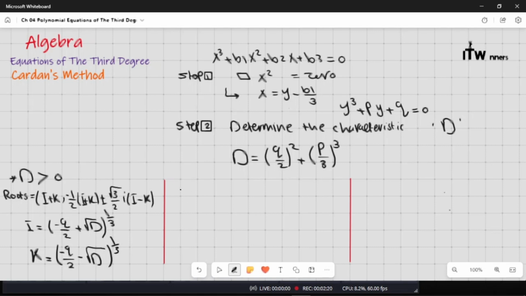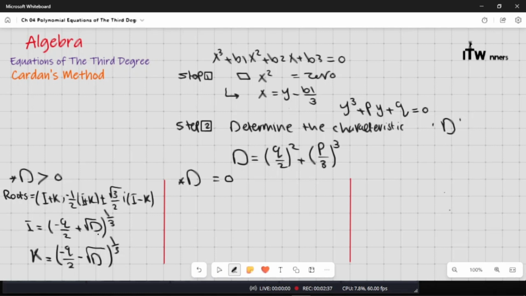Second case: if d, our characteristic, equals 0.